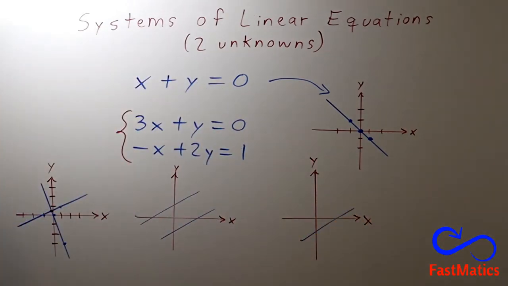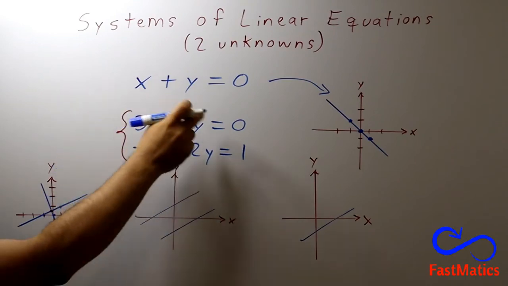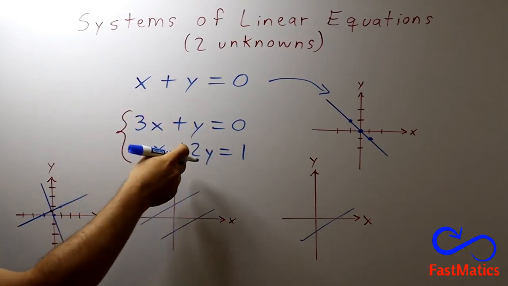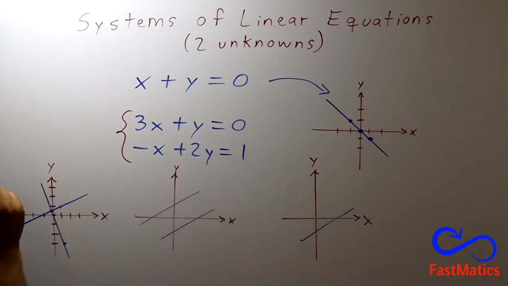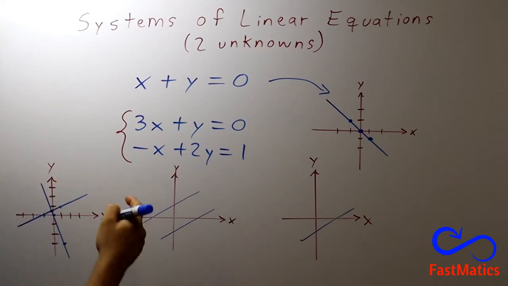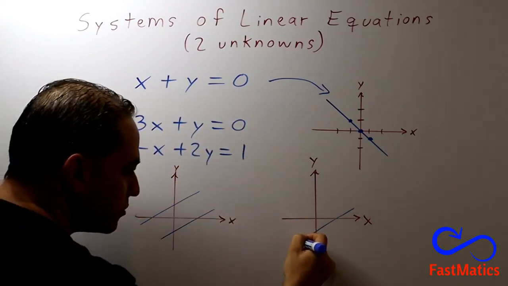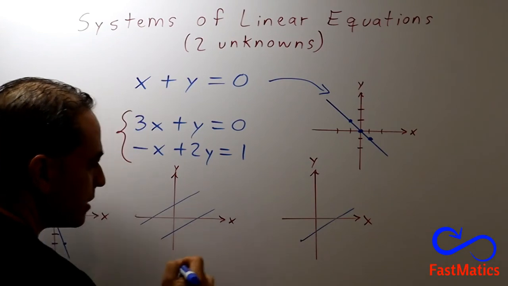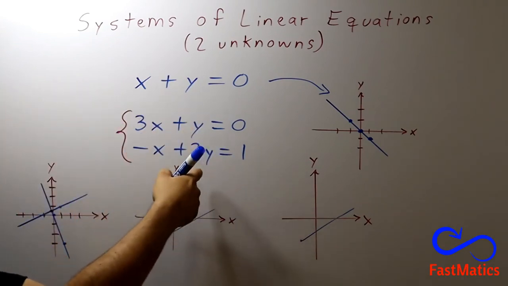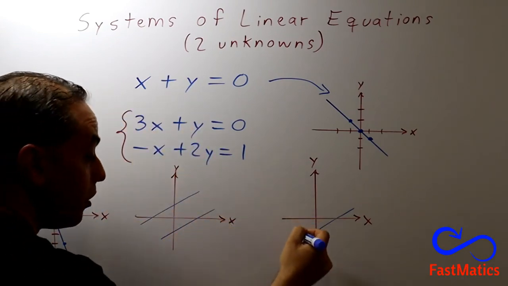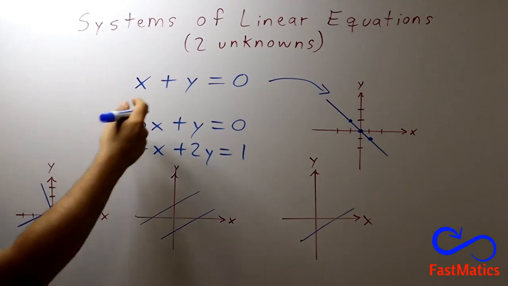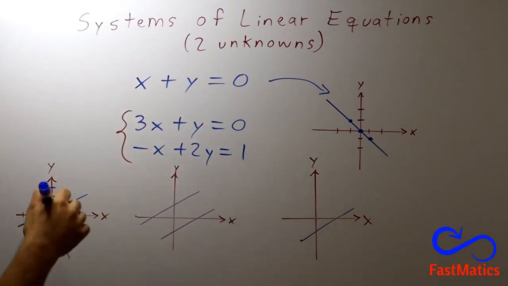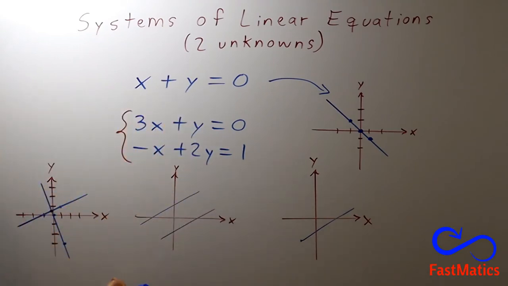Finally, when you are calculating the solution of a system of linear equations, you can find that the first equation, if you graph it, is this line, and the second equation, if you graph it, is also this line. You have the same equation written in different ways. You have an equivalent equation.